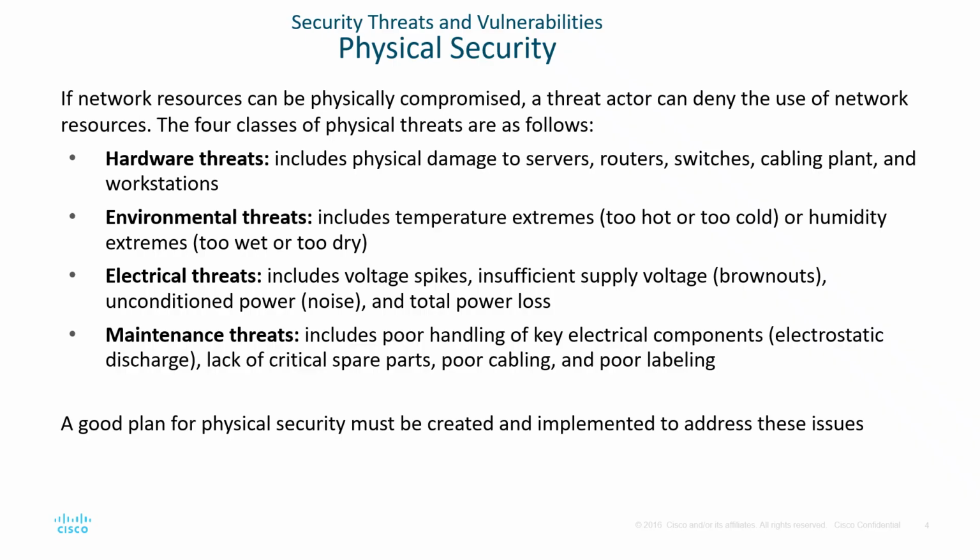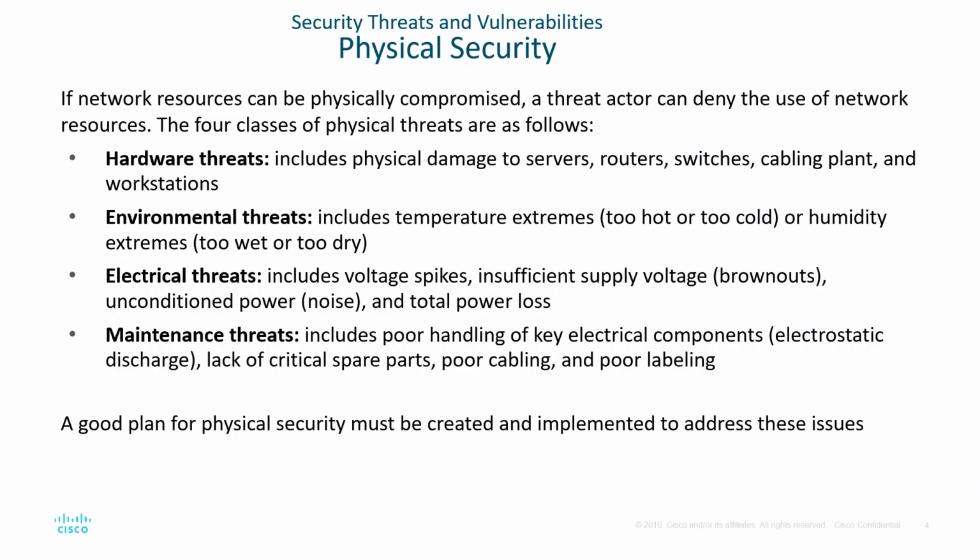If network resources can be physically compromised, a threat actor can deny the use of network resources. So the 4 classes of physical threats. And again, physical security is not really something that we think of out of the gate. But in my opinion, it is the very first level of protecting your network, not having your network resources out in the open.